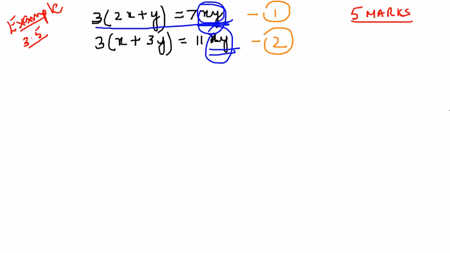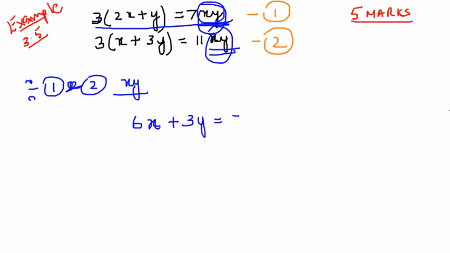So for that we are going to divide equations 1 and 2, sorry my handwriting is a little bad, by xy. So if I divide this equation by xy, I remove the brackets, multiplying 3 with 2x plus y. So this equation becomes 6x plus 3y is equal to 7xy. This is my first equation.